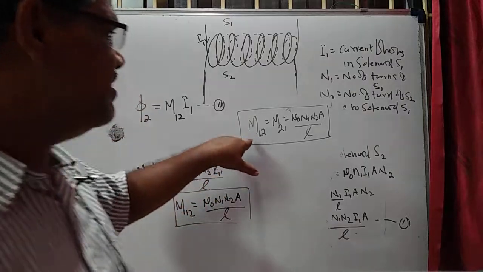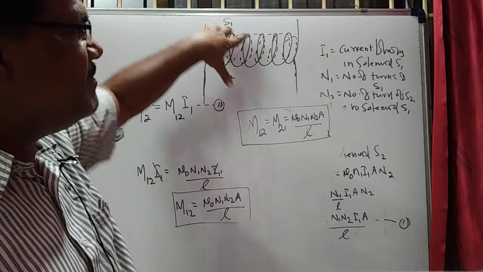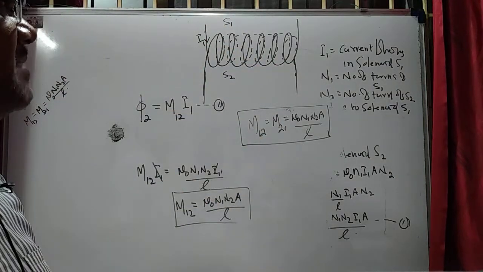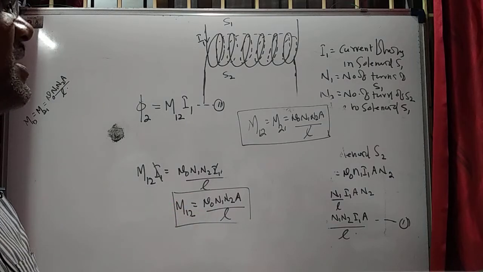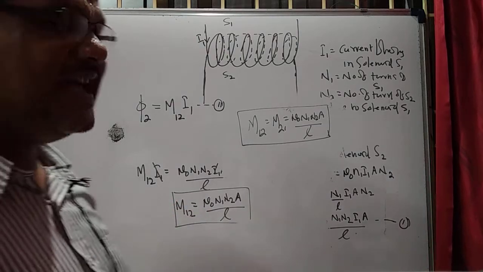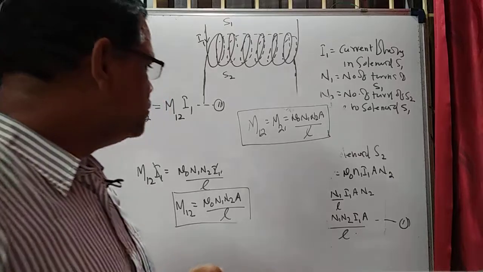The mutual inductance of two coils depends upon the coupling of the two coils and the nature of the material inserted between the two solenoids.